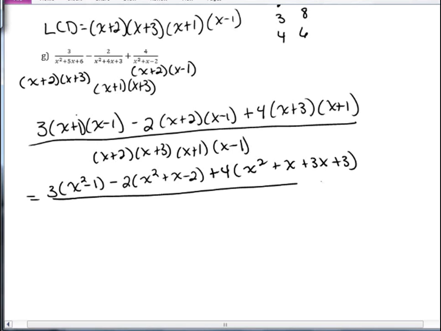And this all goes over our common denominator, x plus 2, x plus 3, x plus 1, and x minus 1.